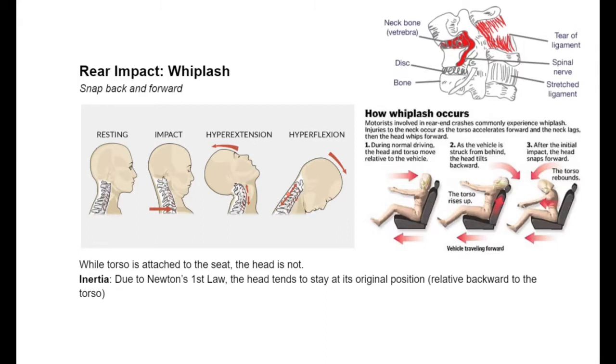Our torso rises up because our torso is attached to the seat and our head is not. Due to the law of inertia, our head tends to stay at its original position, which is relatively backward to the torso. After the initial impact, the head snaps forward again, and that causes hyperflexion, which worsens the tear of ligaments.